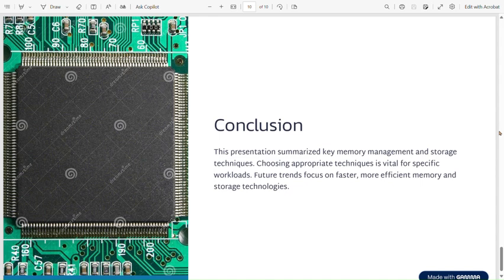Virtual memory allows the system to use disk space as an extension of RAM, supporting larger applications. Various memory allocation techniques like contiguous allocation, paging, and segmentation help to manage memory effectively, balancing speed and resource usage.